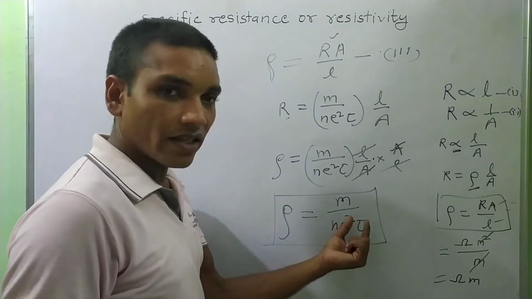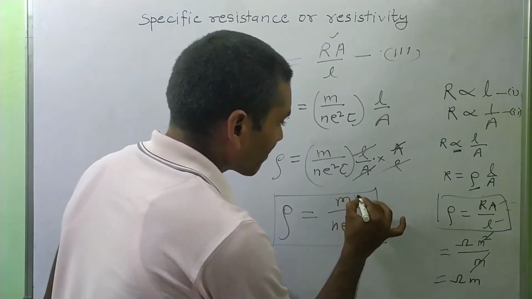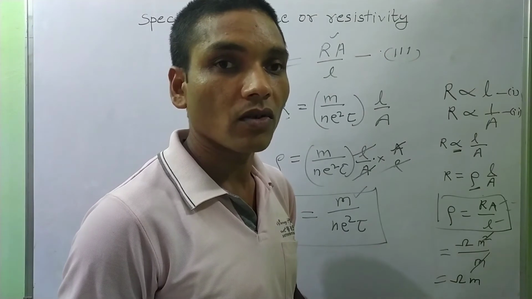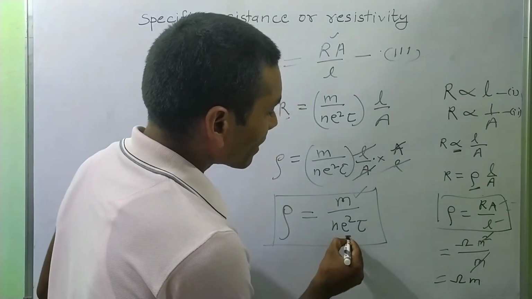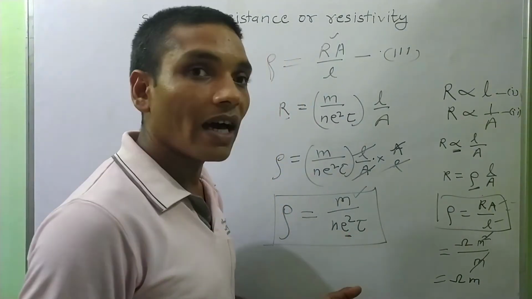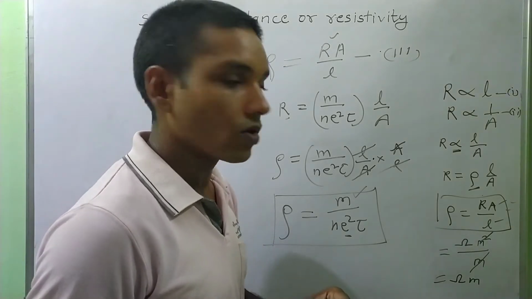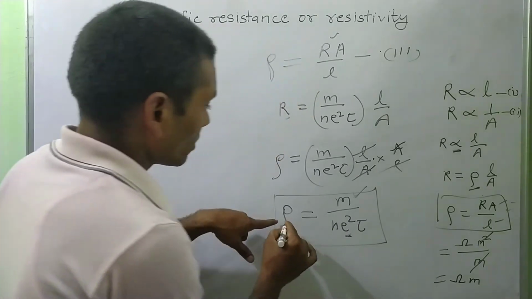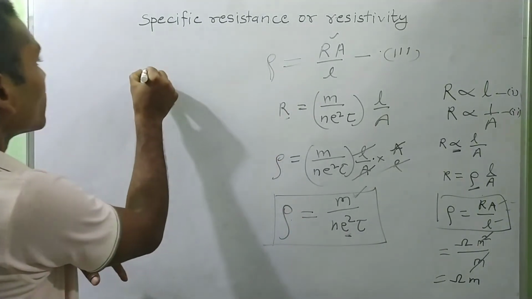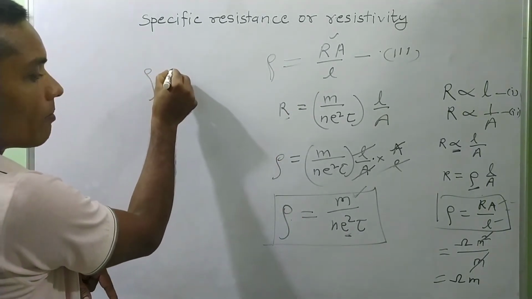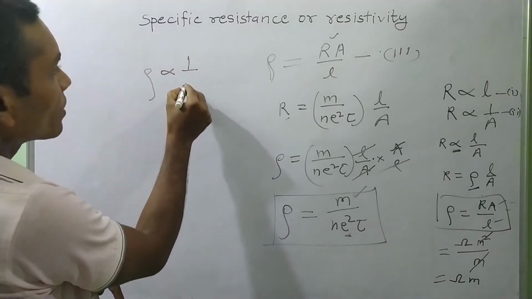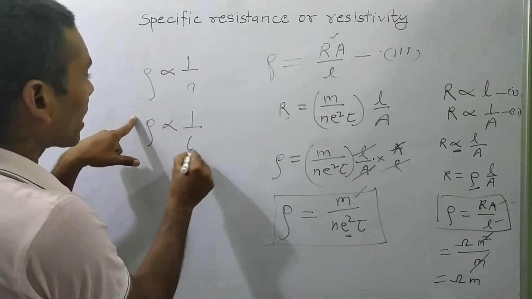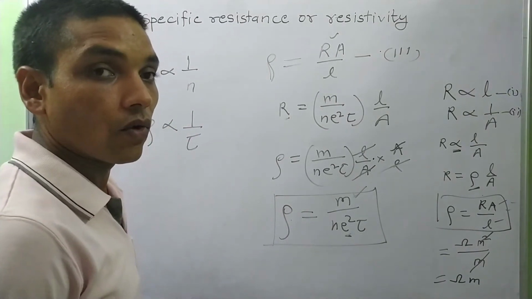From this equation, here m is the mass of a free electron and e is the charge of one electron. So this is constant and this is also constant. So rho will be inversely proportional to n, and rho will also be inversely proportional to tau.